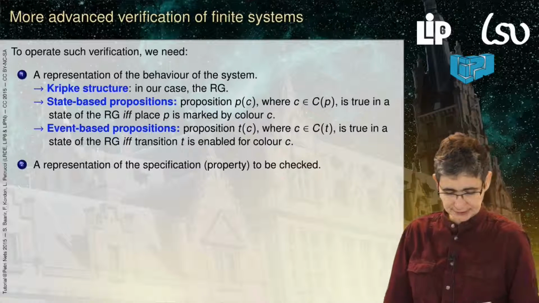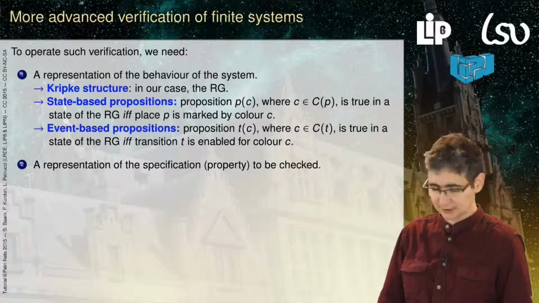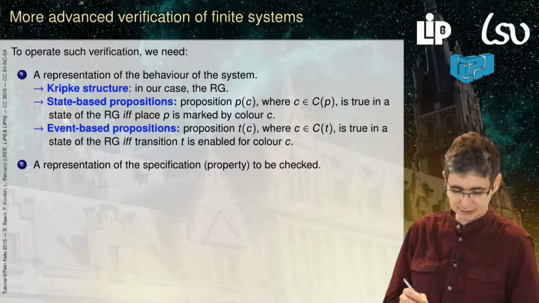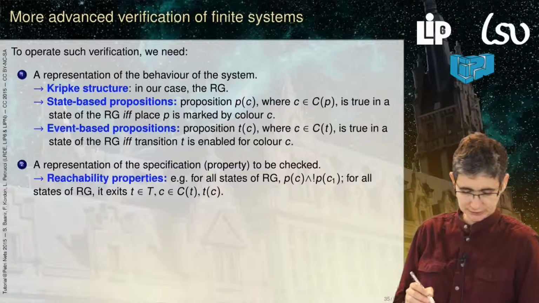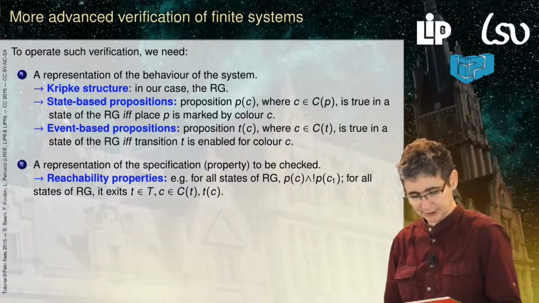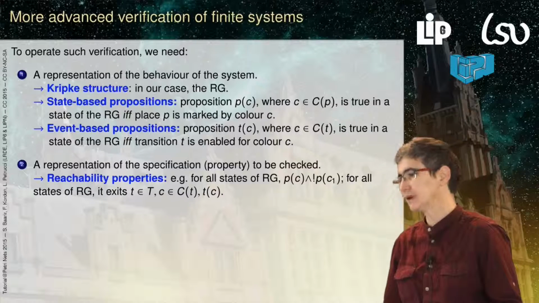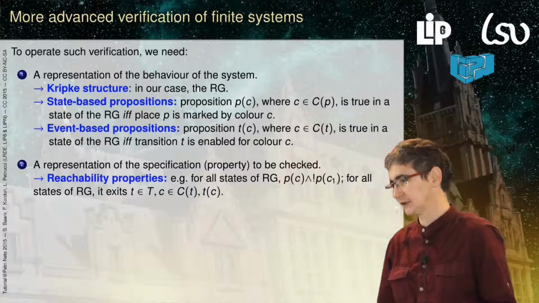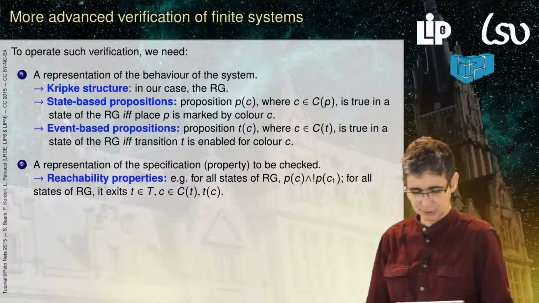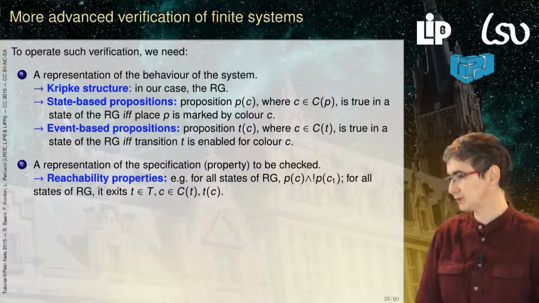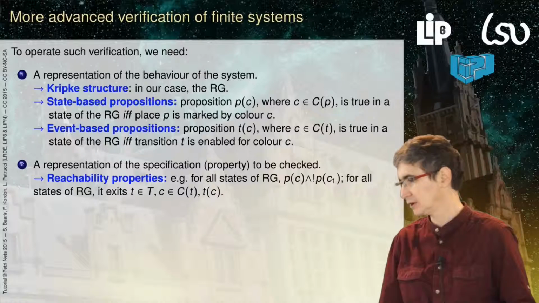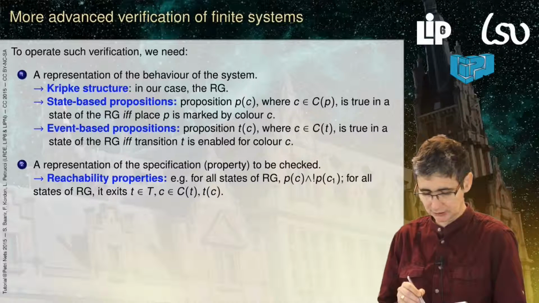We'll represent the property to be checked using these propositions. For example, we'll have reachability properties that state that for all states of the reachability graph, you have a certain property. It could be expressed like P of C and not P of C1.